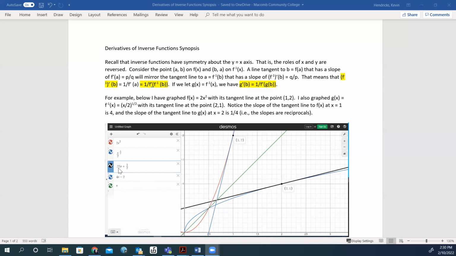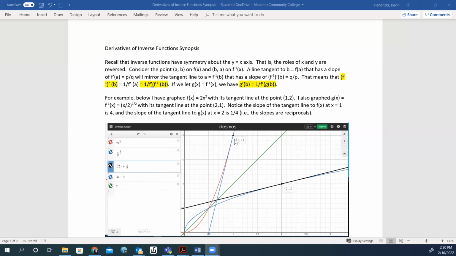And in fact, that's what it is. So this black line represents the tangent line to the curve of f inverse of x at 2, 1. If you understand that, you've got most of this lesson.